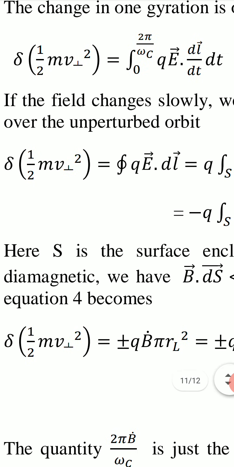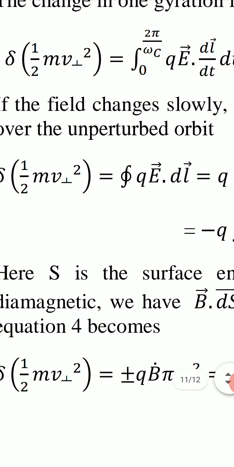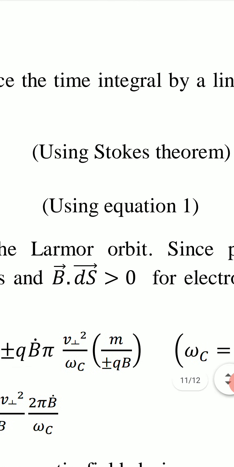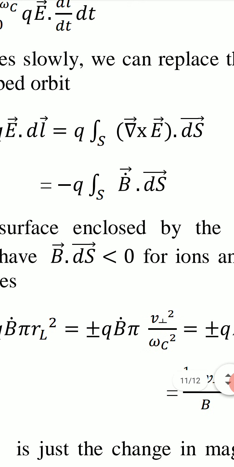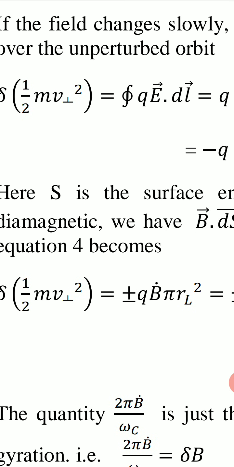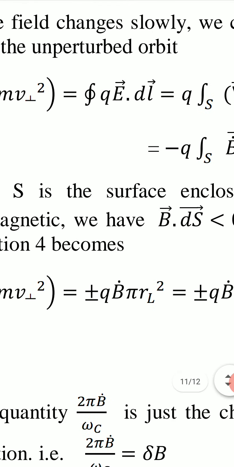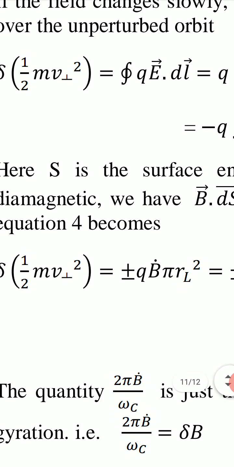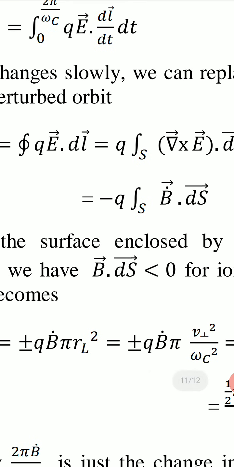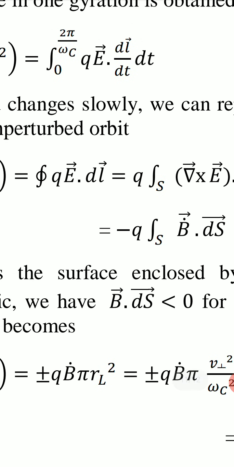If the magnetic field changes very slowly, we can replace the time integral by a line integral over the unperturbed orbit. In the right hand side we can convert this time integral into a line integral.